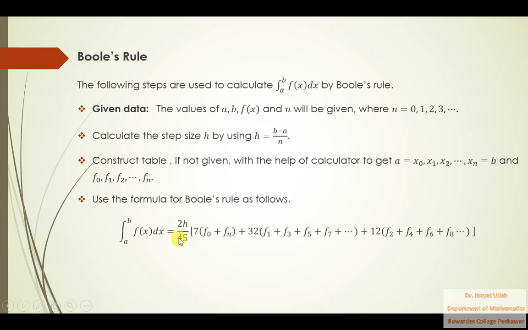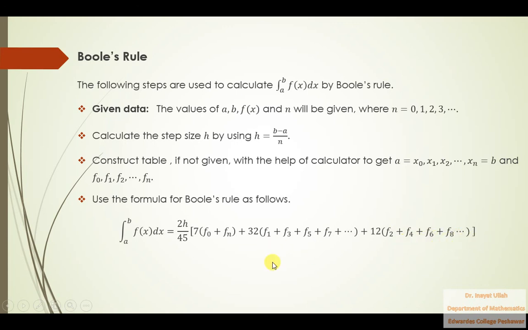Remember this fraction, it is included in Boole's rule, multiplied by 7, 32 and 12. 7 will be multiplied with the sum of the first and last values of the function, and 32 will be multiplied with the sum of those function values whose subscript is odd, 1, 3, 5, 7, 9, 11 and so on, and 12 will be multiplied with the sum of those function values whose subscript is even, that is 2, 4, 6, 8, 10, 12 and so on.